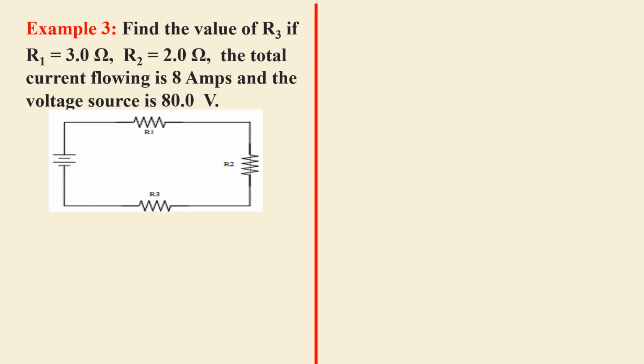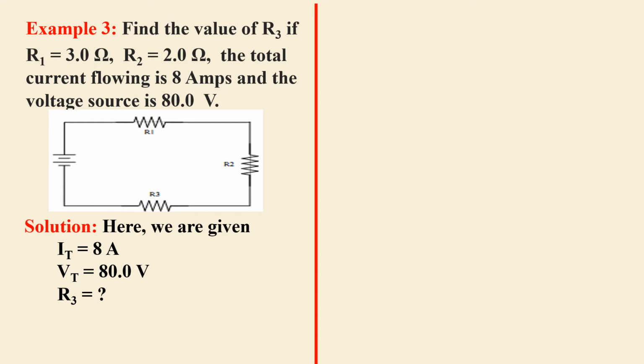Example number 3. Find the value of R3 if R1 equals 3 ohms, R2 equals 2 ohms, the total current flowing is 8 amperes, and the voltage source is 80 volts. Again, the connection is a series connection. So, here we are given the total current is 8 amperes, the total voltage is 80 volts, and we are required to find the resistance of resistor number 3.